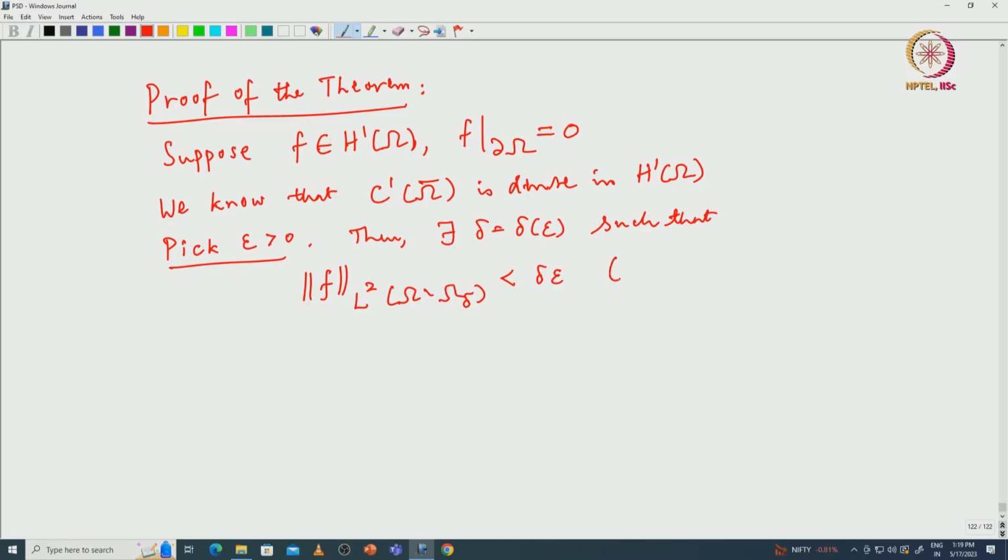So, this is from the lemma. And the gradient norm. Okay. So, you can put together. So, no harm there. So, the H1 omega minus omega delta norm is less than epsilon. So, this is absolute continuity of the integral.